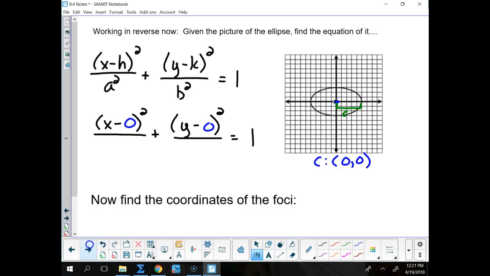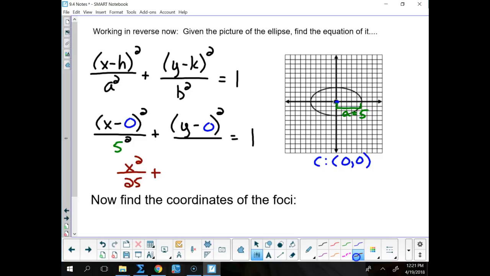So this is A here, and we said that that is equal to 5. So if A is 5, that denominator is going to be 25, right? So I can finish off this fraction. So this fraction is x squared over 25.